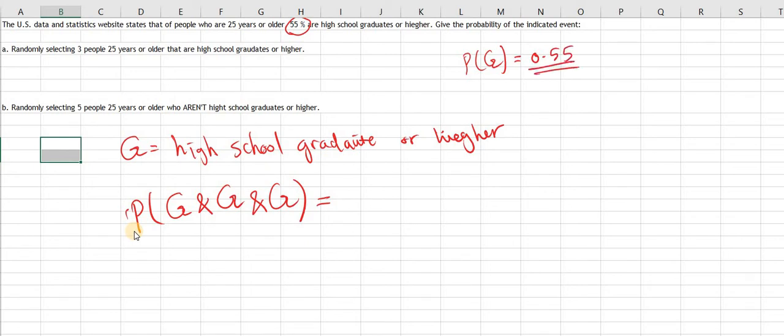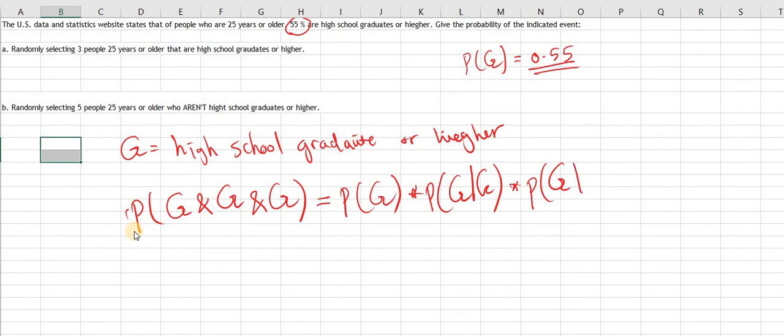In the usual events, I will use the multiplication rule, which states that the probability of the first event and the second event and the third event is the probability of the first event times the probability of the second event, given that the first event had occurred already, times the probability of the third event, given that the first event and the second event happened already. So this is just to account for independency.